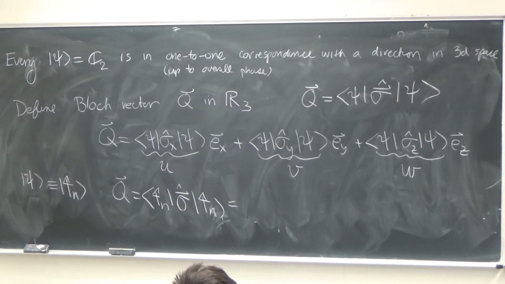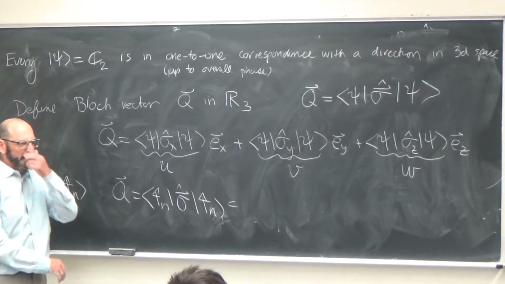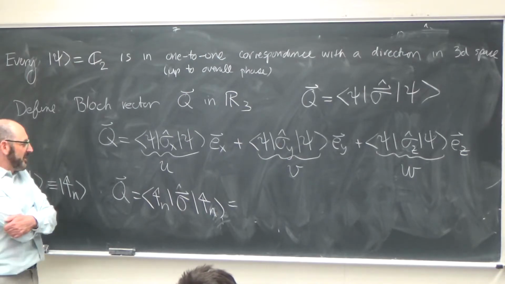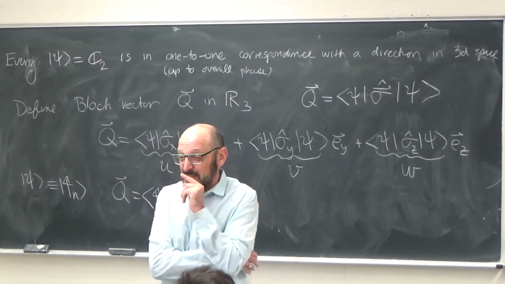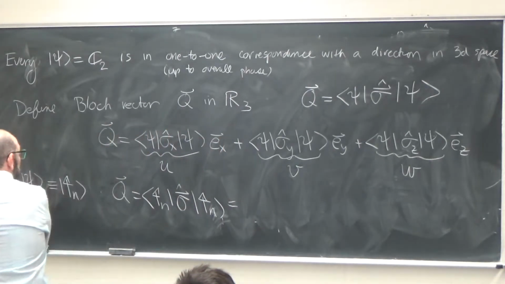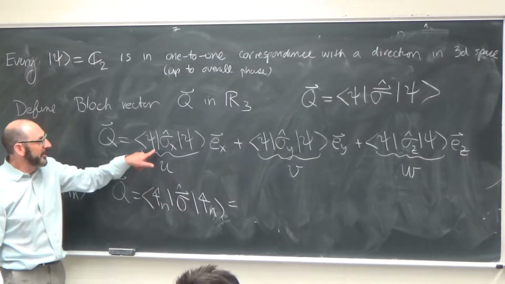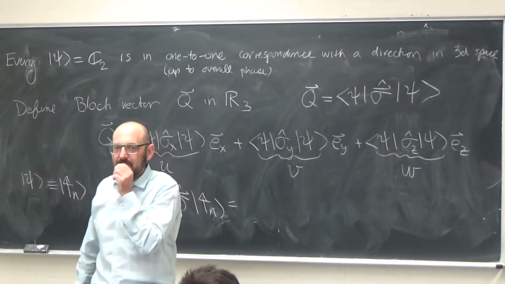Q. Yeah, it's Q, which is equal to n in terms of this thing. What is Q equal to? Sigma sub n? Sigma sub n is a matrix. This is the expectation value, so it has an x component, a y component, and a z component.